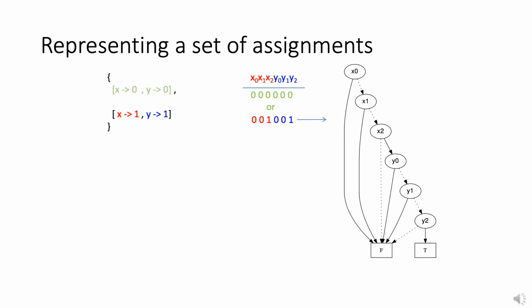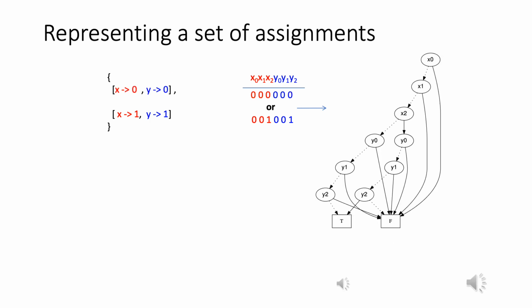And here's a BDD that returns true or 1 exactly for the assignment 001, 001. The BDD on this slide returns 1 if the assignment is either the first or the second.